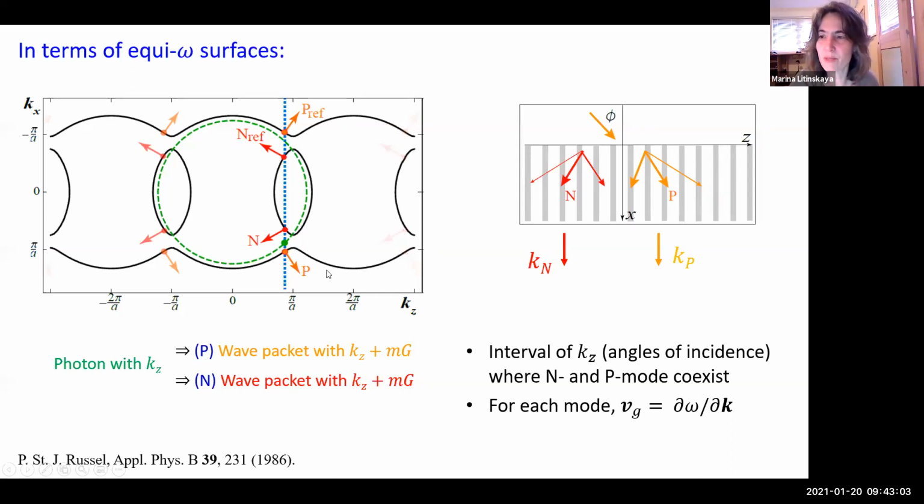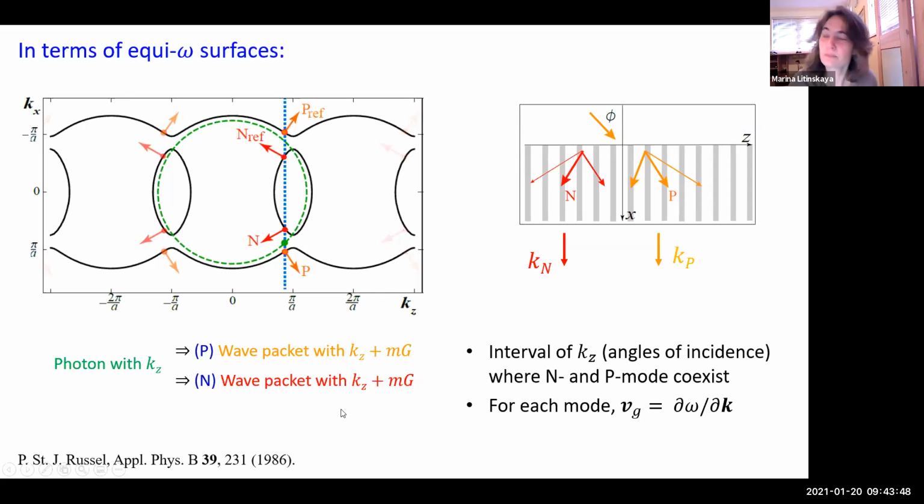So they would have been circles, right, for each of the components, but these components are coupled through the lattice, and so small gaps open here. And if you come up with a certain external photon with some kz, it excites the modes with the same kz, and this would be the positive wave packet, which you can see here, and this would be the negative wave packet, which you can see here. And indeed, you see that they propagate in two different directions. This one is positively refracted, this one is negatively refracted. So that's how it is described in k-space, if it helps.